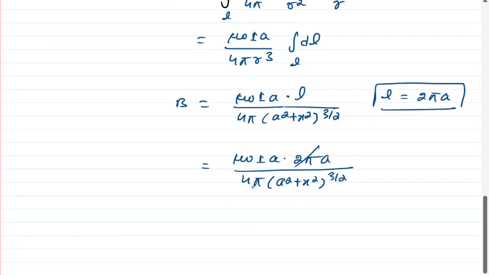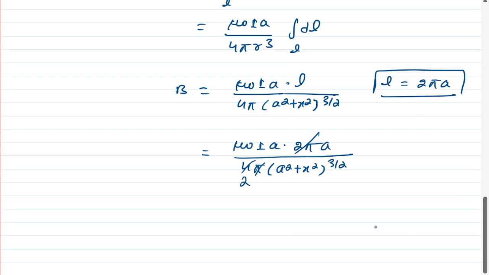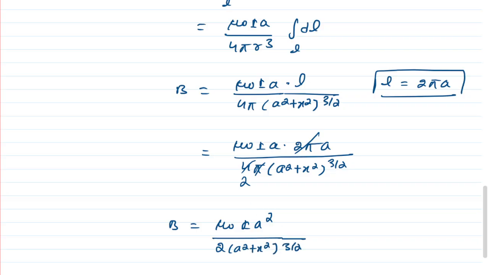Now the 2 and the 4, and pi will cancel out. So now we have the B expression as mu naught into I into A square upon 2 into a square plus x square power 3 by 2.